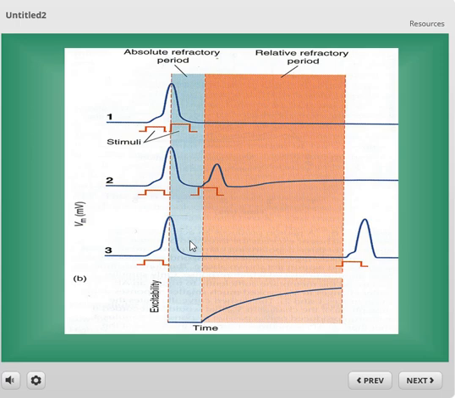They play a crucial role in maintaining the integrity of signal transmission and preventing the possibility of backpropagation of action potentials, which could disrupt communication within the nervous system. Understanding this period is vital for grasping how neurons operate and communicate in both health and disease.